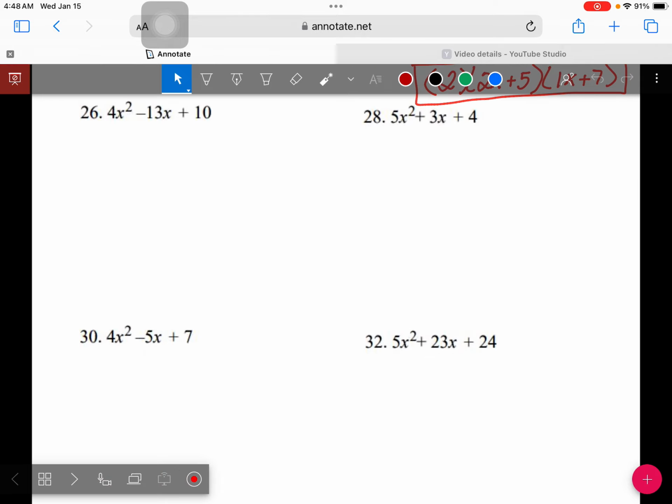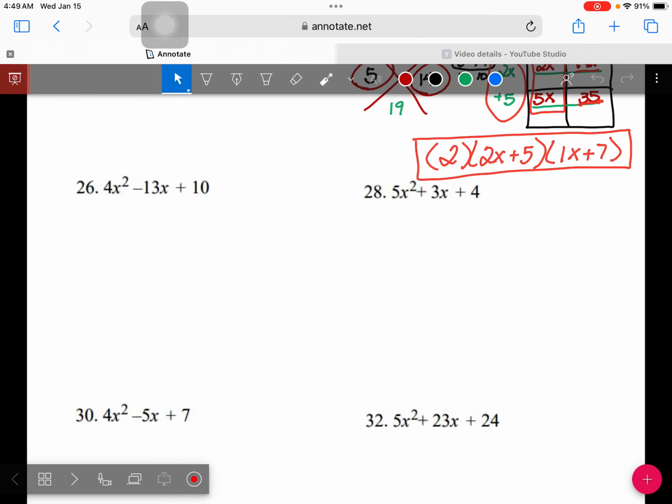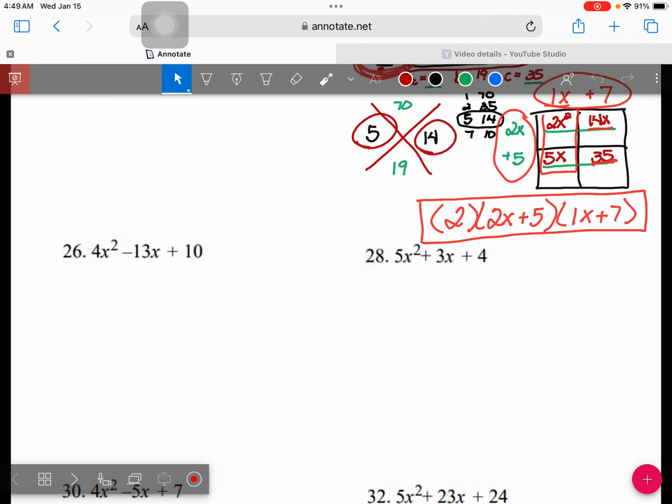Let's try. 32 looks very large. 28 looks a little interesting also. Let's take a look at 28. Sorry, I'm not there to go over some of these that you might have some questions on.